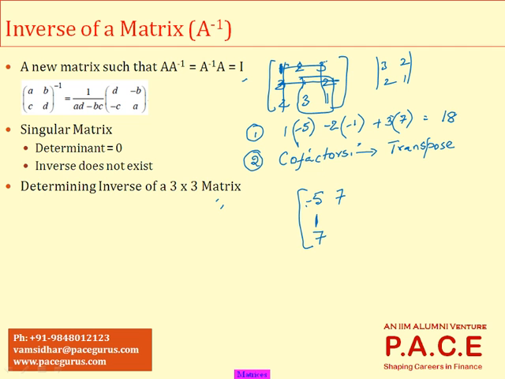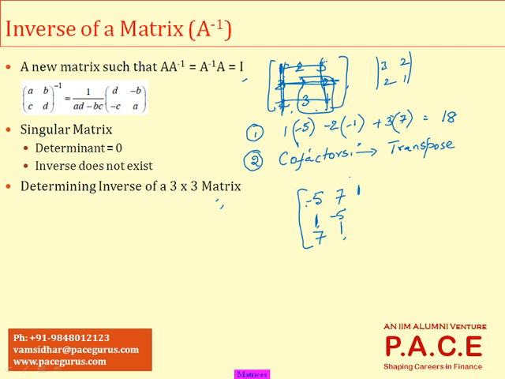Then for this middle one, remove the row, remove the column. 1 minus 6, which is minus 5. I write the minus 5 here. I don't need to change the sign. For the next one, let's say this one. Remove the row, remove the column. 3 minus 4, minus 1. I need to change the sign. Write it as plus 1. Similarly, row, column. 4 minus 3, 1.